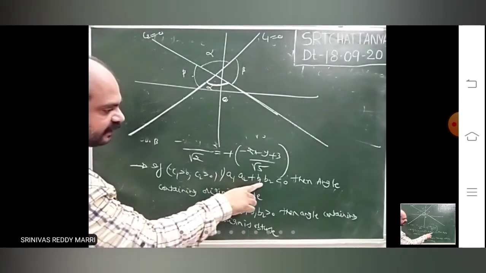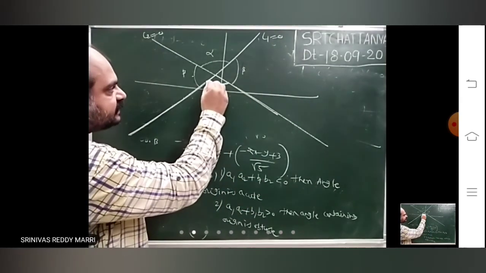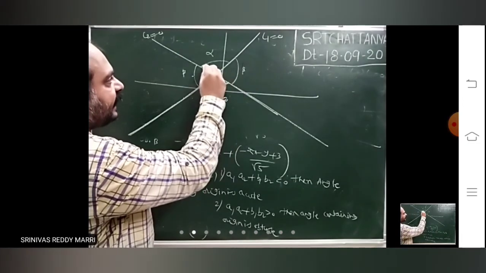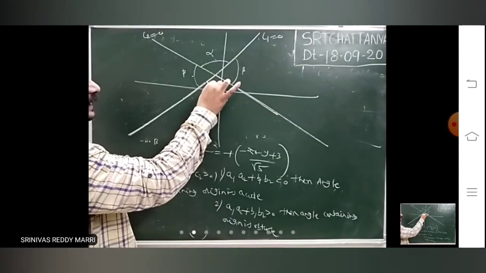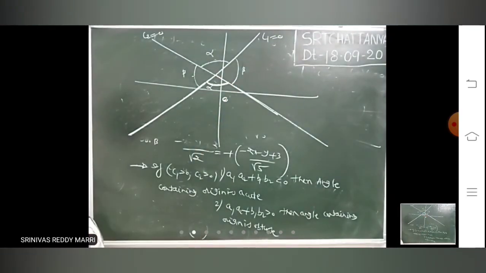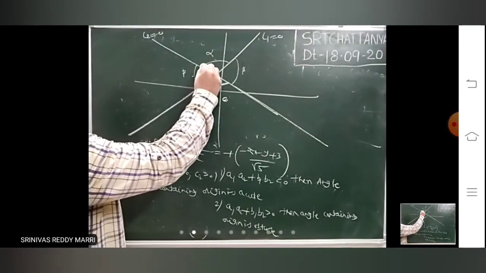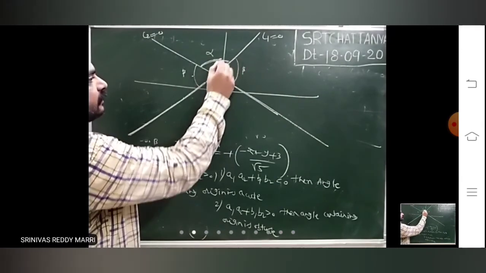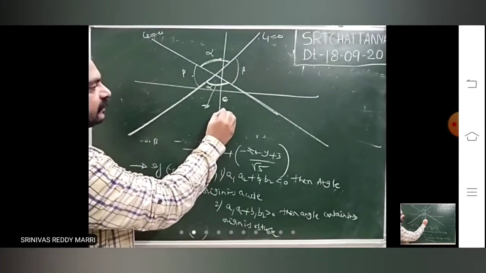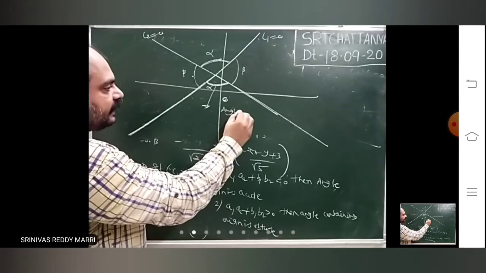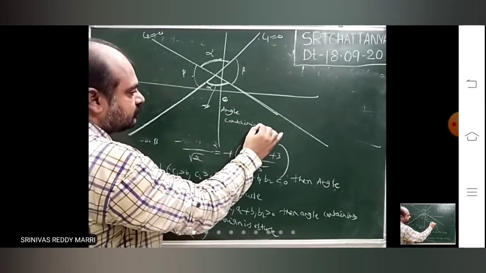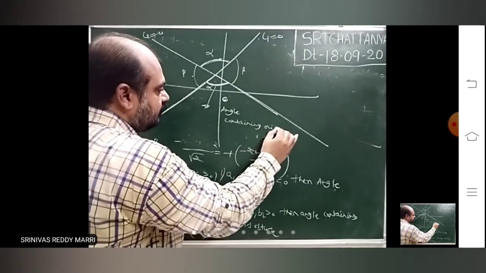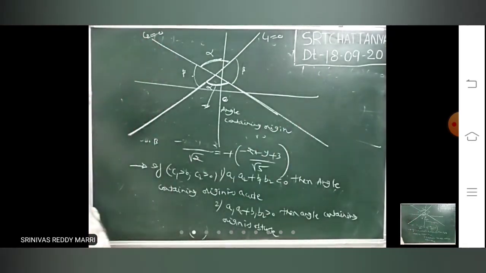So if A1 A2 plus B1 B2 is less than 0, this is an acute angle. Obviously, these both are acute angles. So if this is an acute angle, I am writing here, this is called the angle containing origin.